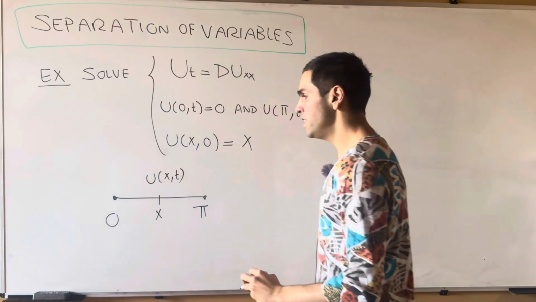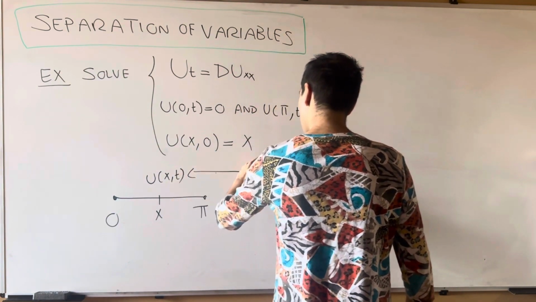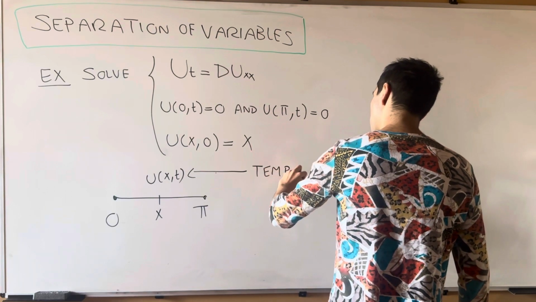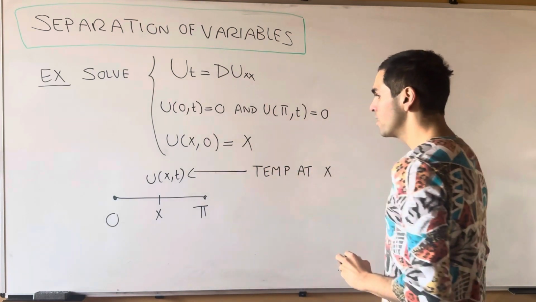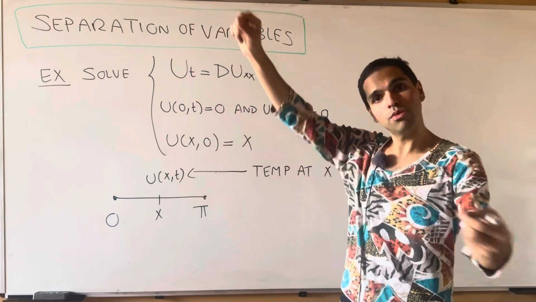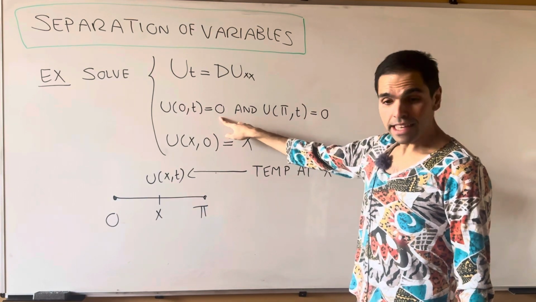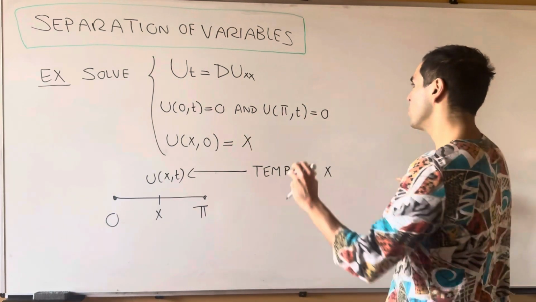So u(x,t) gives us the temperature at x, and we assume the initial temperature is just increasing, it's just x in this case.